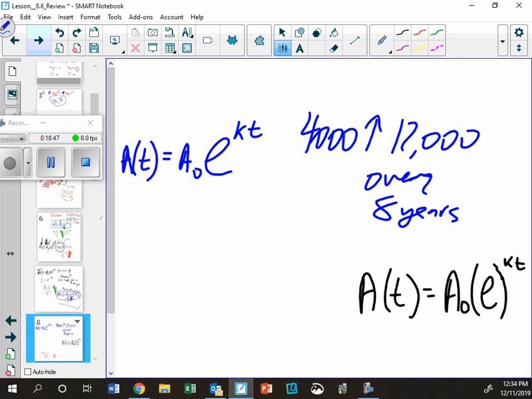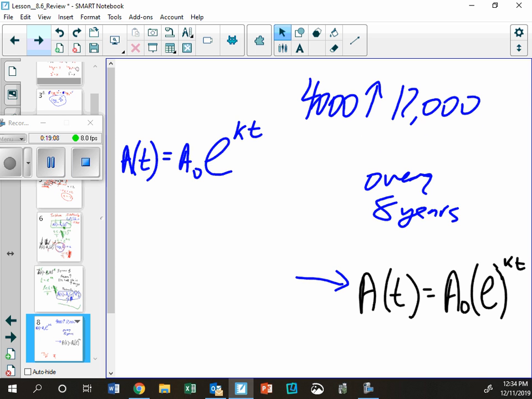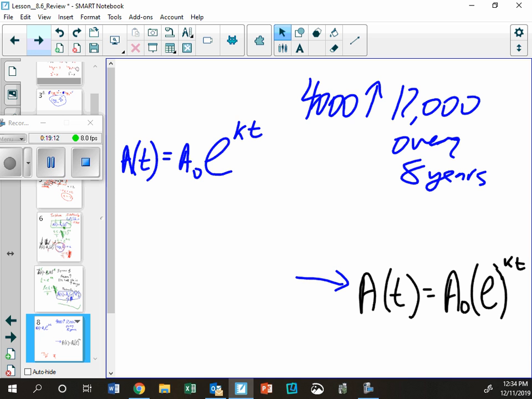So then here's your equation that I want you to start with. Can you write an equation that would figure out how many moose there will be in 14 years? I'll say it again. 4,000 goes up to 12,000 over 8 years. That's enough to get you part of your equation.